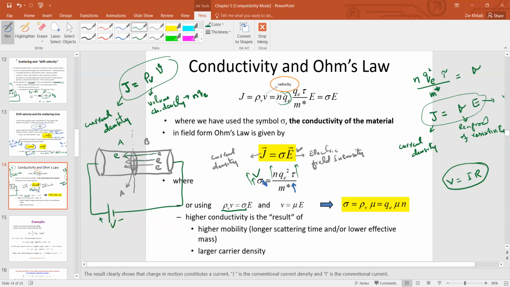If this electron again moves to the A part, see, electrons in quantity are rising in A, and electrons in quantity are decaying in section B of the conductor.